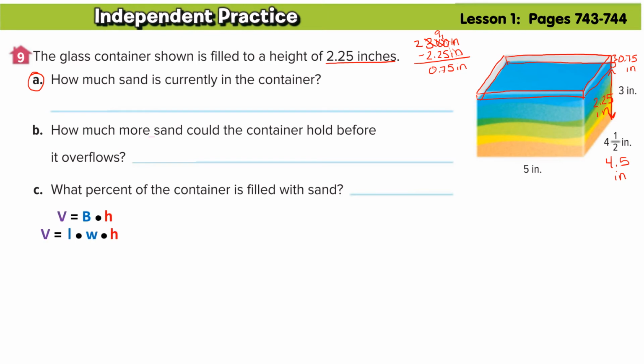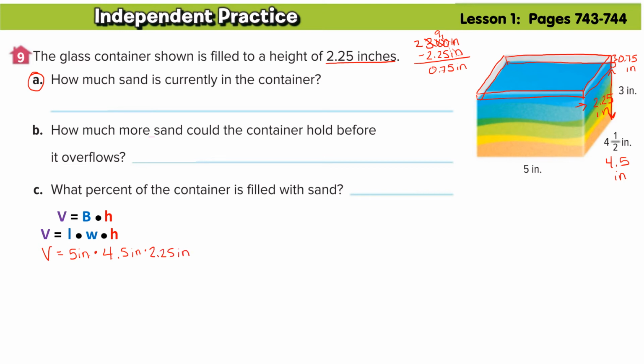So we have our formula, and we're going to have volume equals the length, 5 inches, times the width, 4.5 inches, times the height. Now the sand is only 2.25 inches.